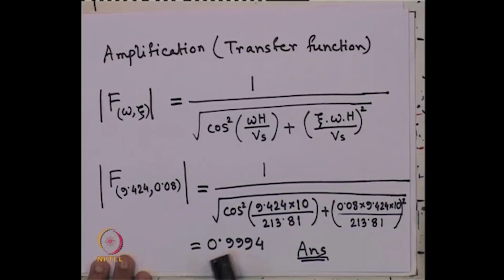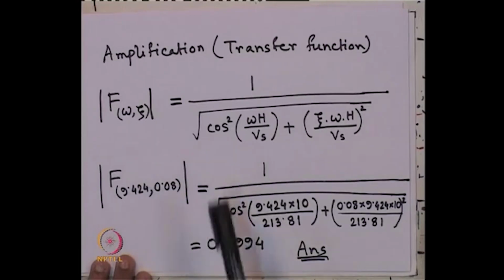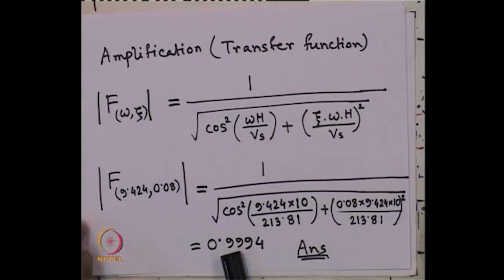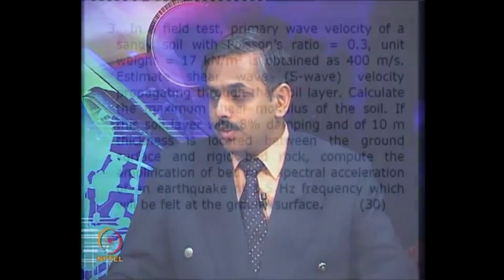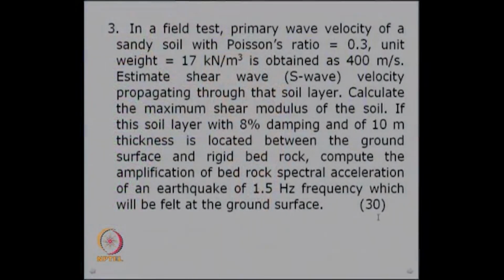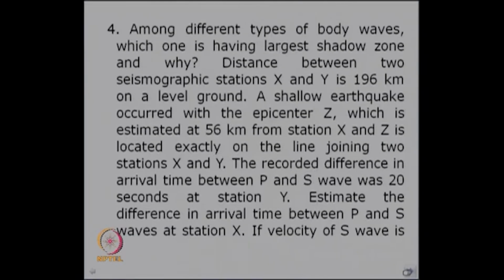Transfer function 1 means from bedrock to ground surface, there is no amplification of this earthquake motion. So, with this the problem number 3 is complete, which carries 30 marks. Now, let us move to the next problem, that is problem number 4 for this quiz, which is the last problem of this quiz.